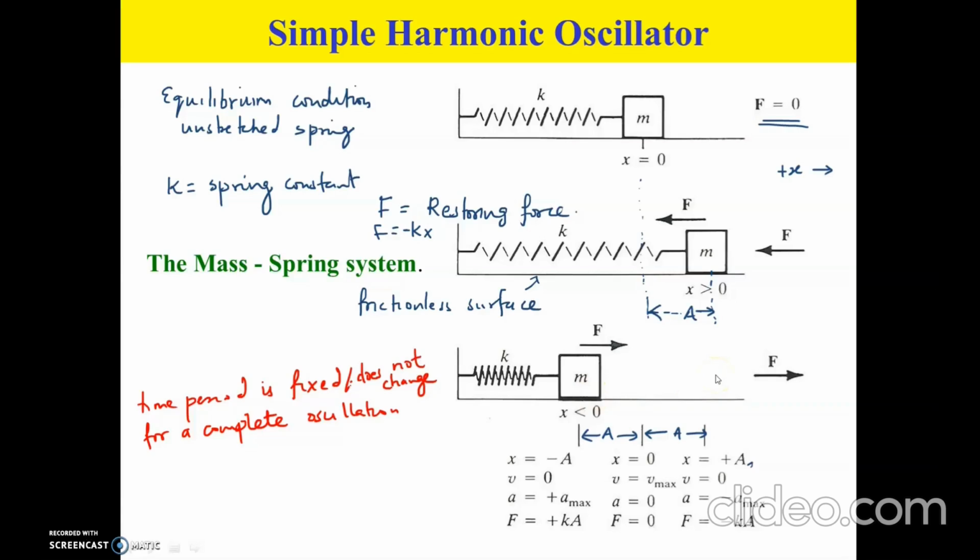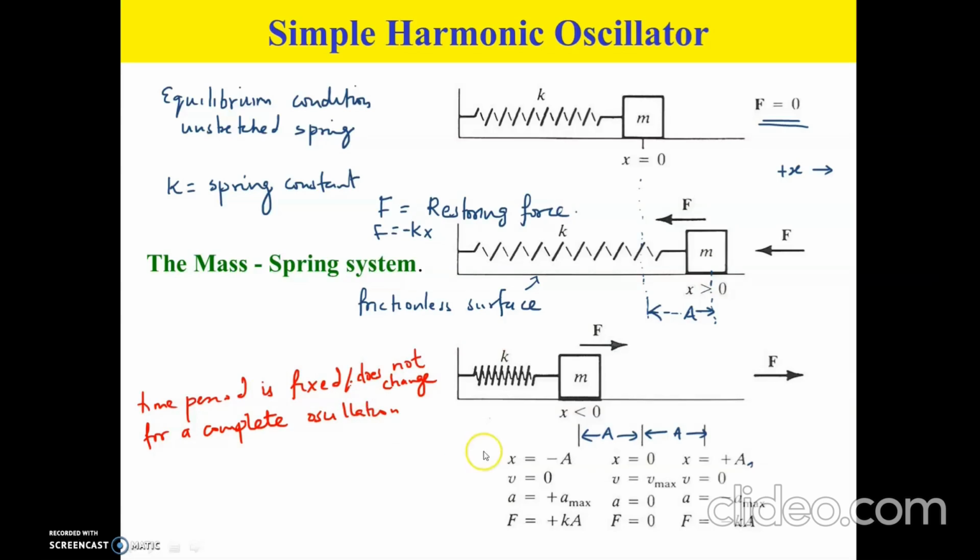When we say that this is a simple harmonic oscillator, the time period to do a complete oscillation, from this particular position all the way to the negative position and back to the positive position, is fixed. The time period does not change over time, so it remains the same.